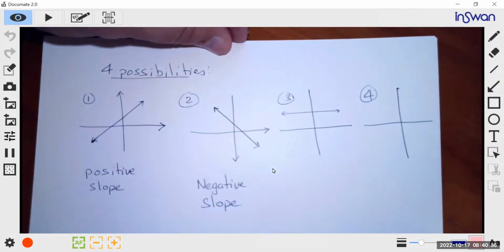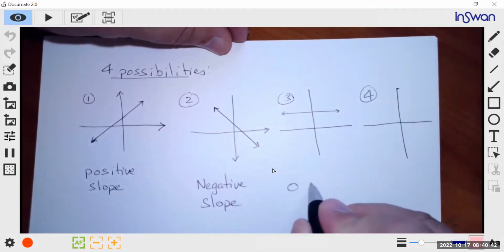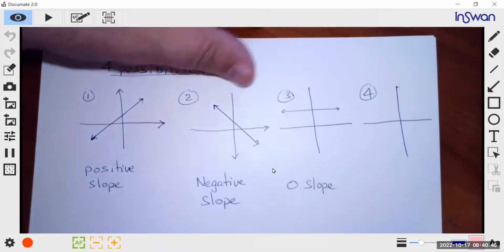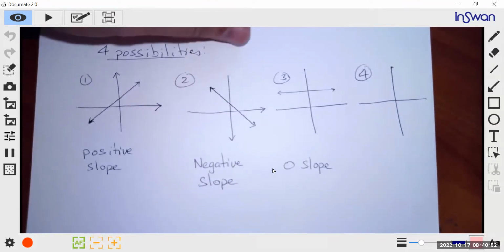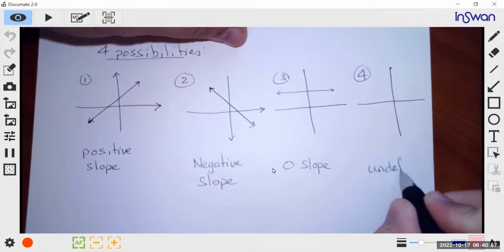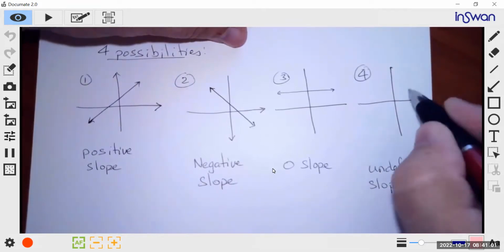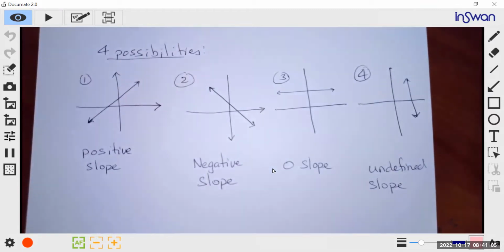If the line goes left and right, that's a zero slope. And if it's a vertical line, then we know we have an undefined slope. Those are the only four slopes we can have.